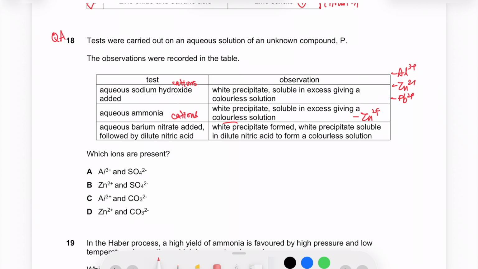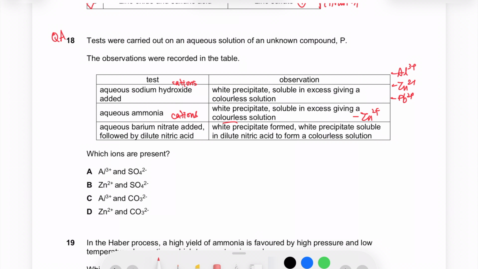And then barium nitrate, this is to test for your sulfate ions. If you look at our QA table, you have a white PPT formed in this one. Okay, be careful with this one. Although it's barium nitrate, you realize the order is different now.